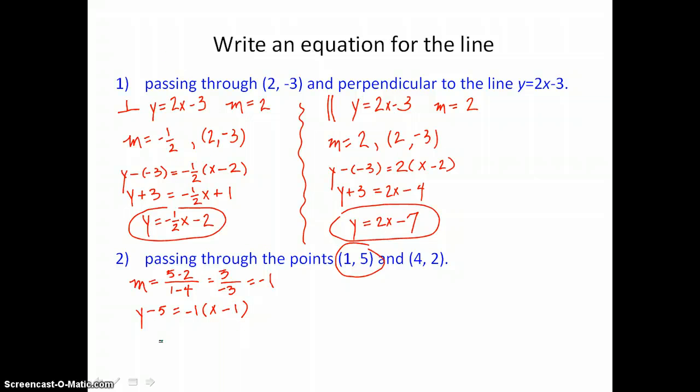And again, we won't leave it in this form. We'll add 5 to both sides and we'll distribute on the right. Negative 1 times x is negative x, and negative 1 times negative 1 is positive 1. We're adding 5 to the left-hand side. So in slope-intercept form, this equation is y equals negative x plus 6.